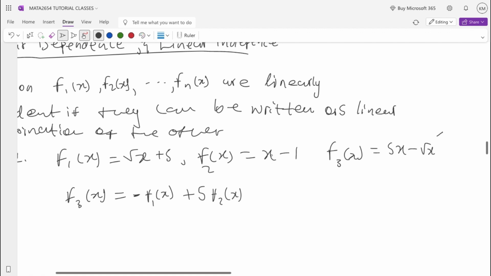So if you multiply this one by 5, we will have 5x.